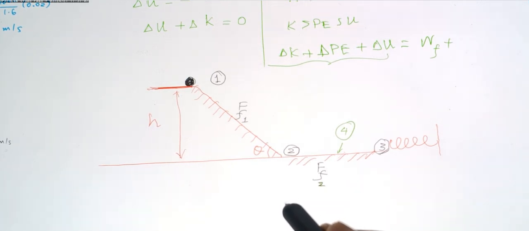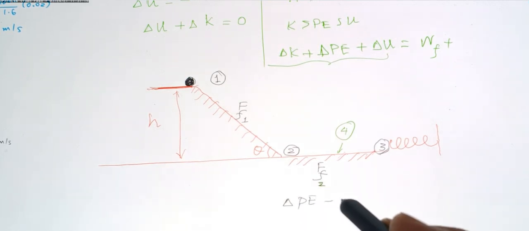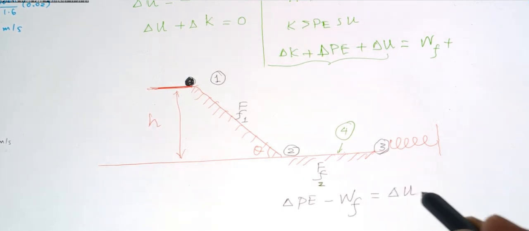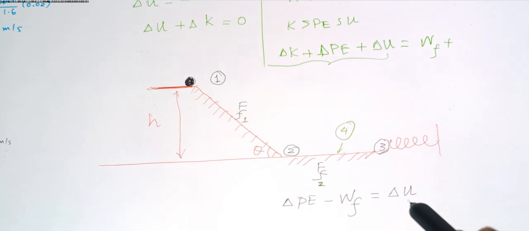Exactly. So it will be a change in potential energy minus work done by friction, and that should be equal to the change in elastic energy of the spring.